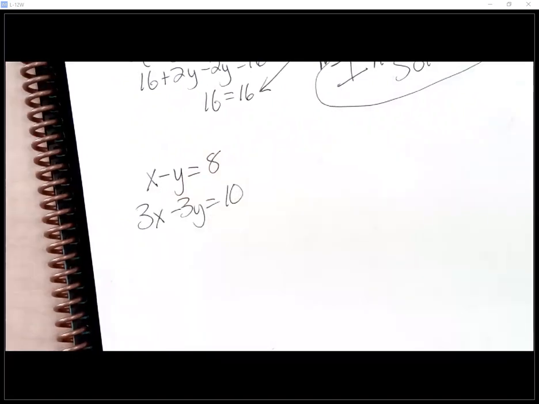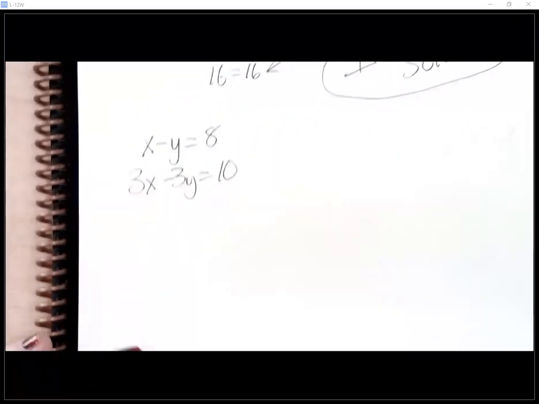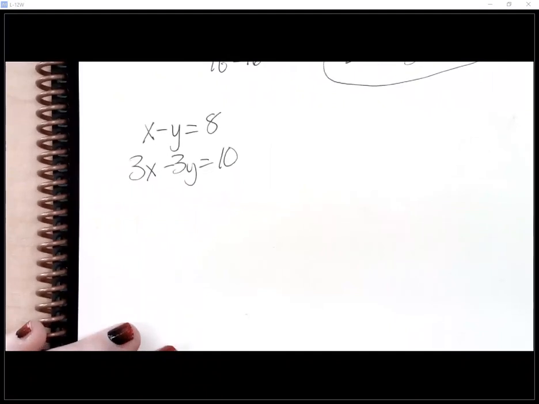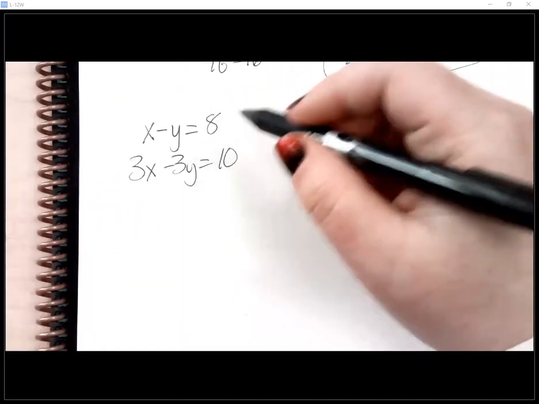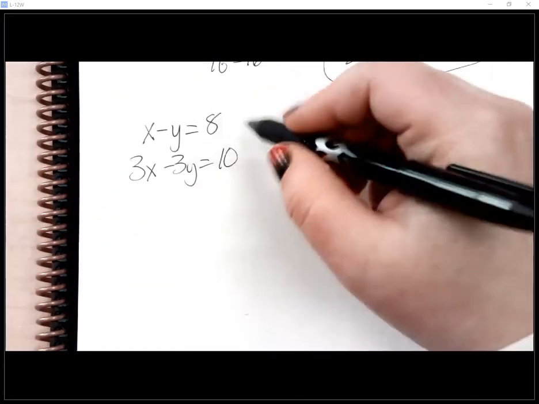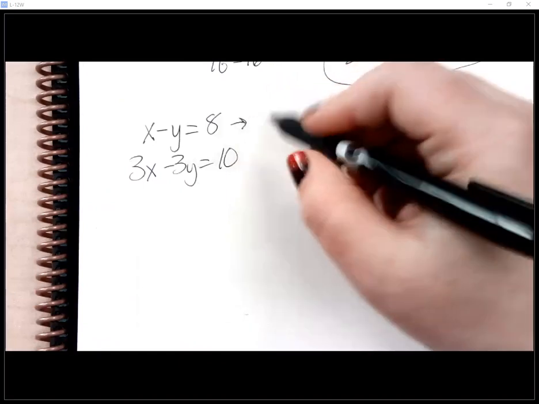Okay, so if I were going to do this one, here's my original system. Let me, oh wait, did I mess this up? No, I don't think I did. Oh, we're going to find out. Okay, so I'm going to take the top one, get the variable by itself, so I would just add y to both sides.